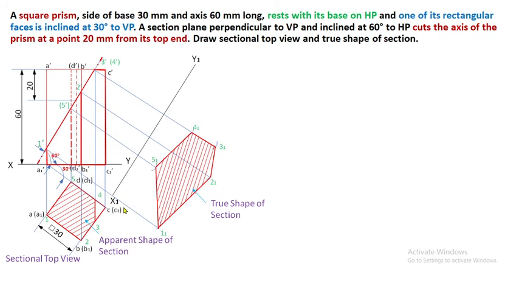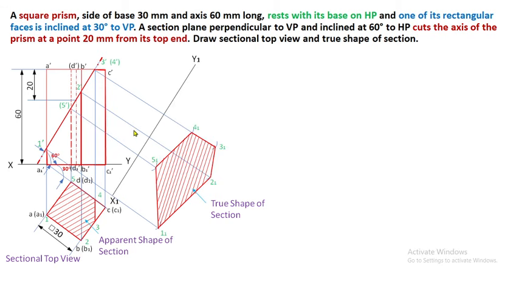Afterwards, you can draw x1 y1, exactly parallel to the section plane. There is no specific distance between the section plane and x1 y1. The only thing to make sure is that it must not touch the front and top views, so you can draw it outside them.